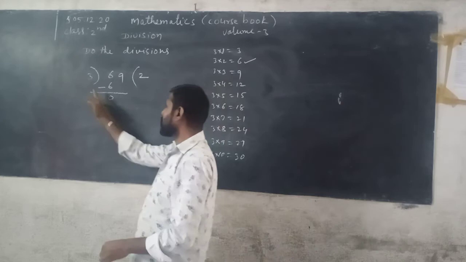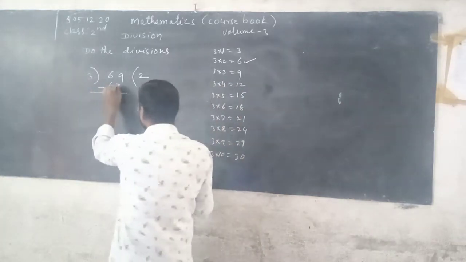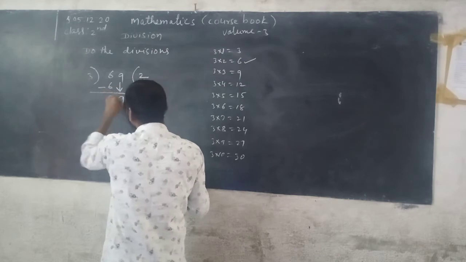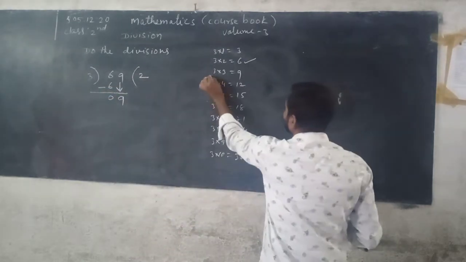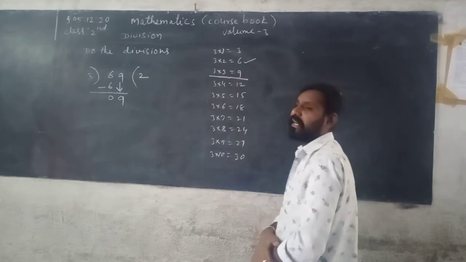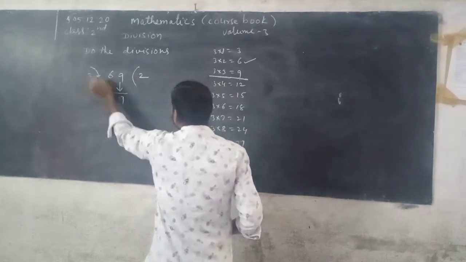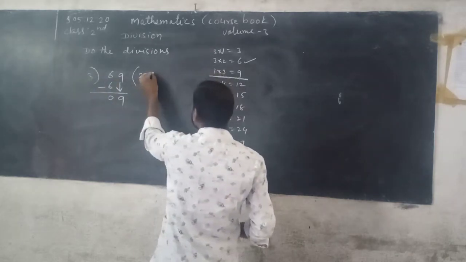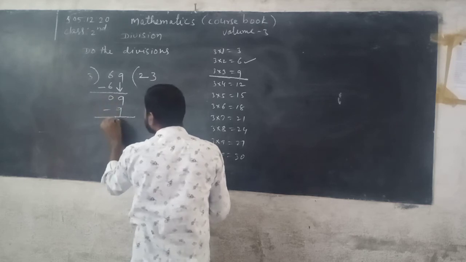So 0 is less than 3. Now bring down 9 to the remainder. Where is 9 possible? See here, 3 3s are 9. Exactly divisible. Then you can write 3 3s are 9. 9 minus 9 is 0.